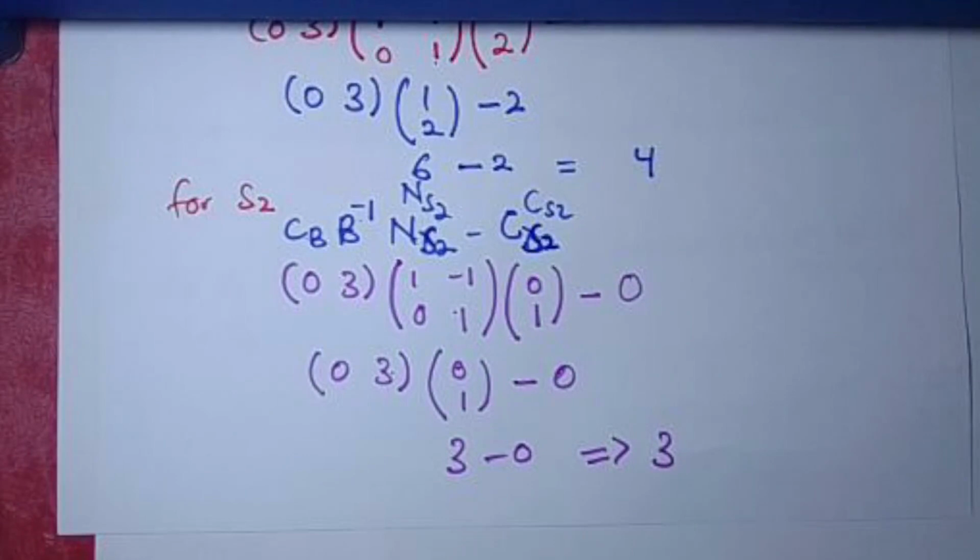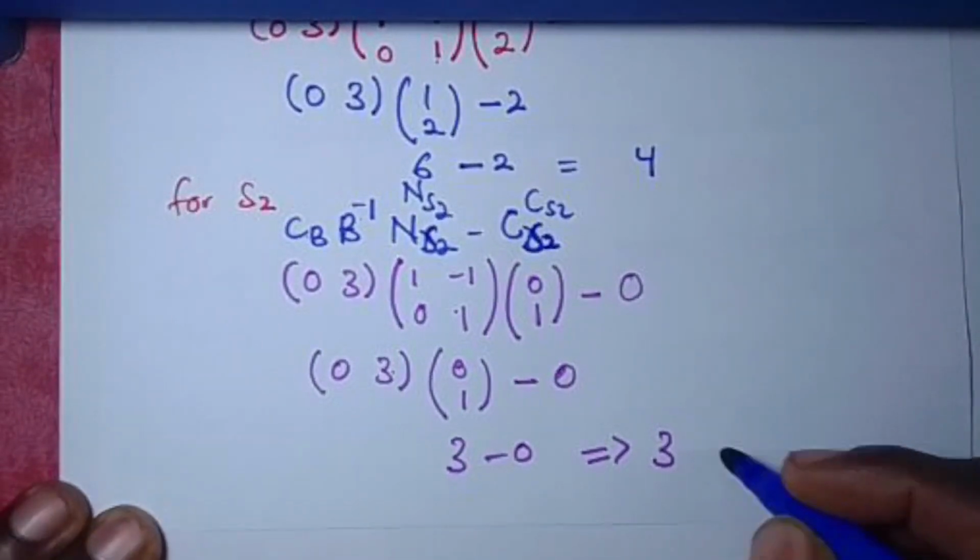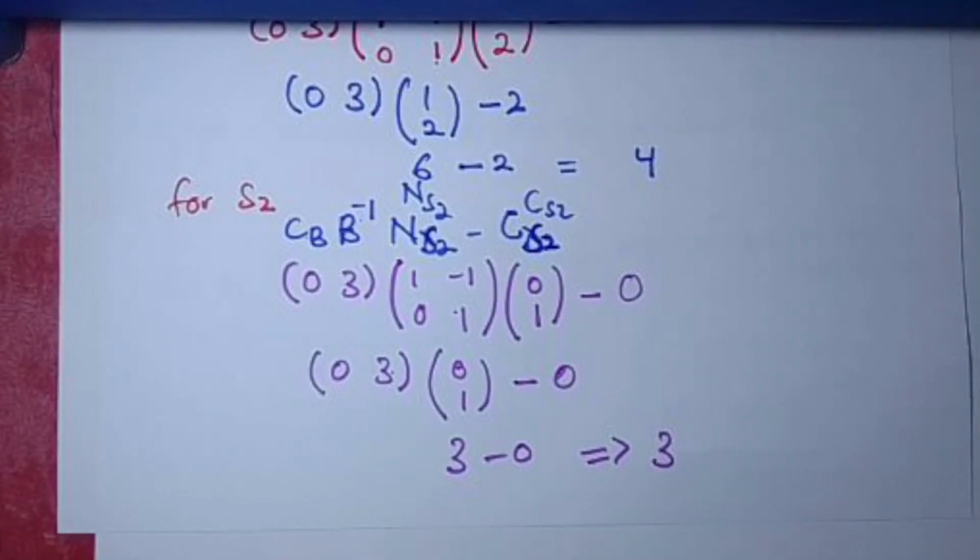So from that, someone can see clearly that since both numbers are positive, we don't have any leaving or any entering variable. If you have any one of those being negative, you know directly the more negative one is the one which is entering.